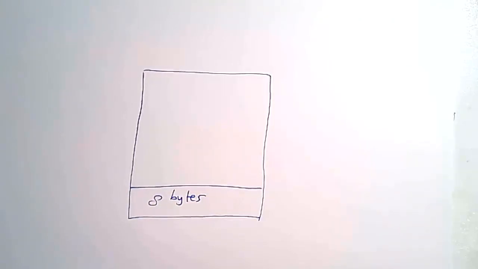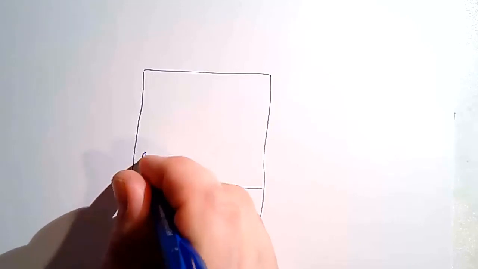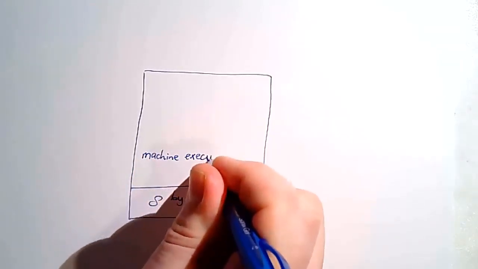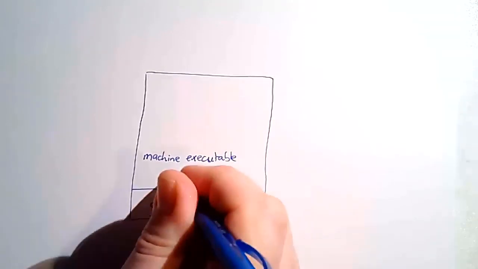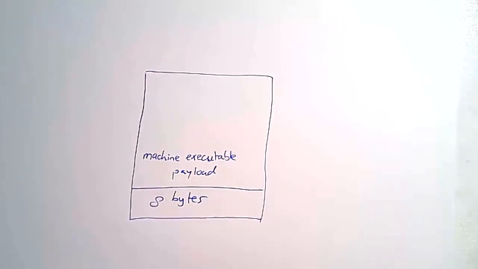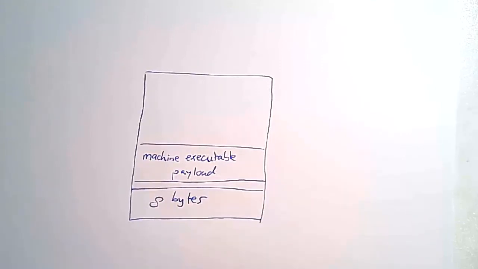While I initially might just put some stuff in there to see if it works and if I can crash the program, at a later stage I probably want to have some form of a machine executable payload in my buffer overflow. And then the machine executable payload is probably padded with some stuff on the front and some stuff on the back.